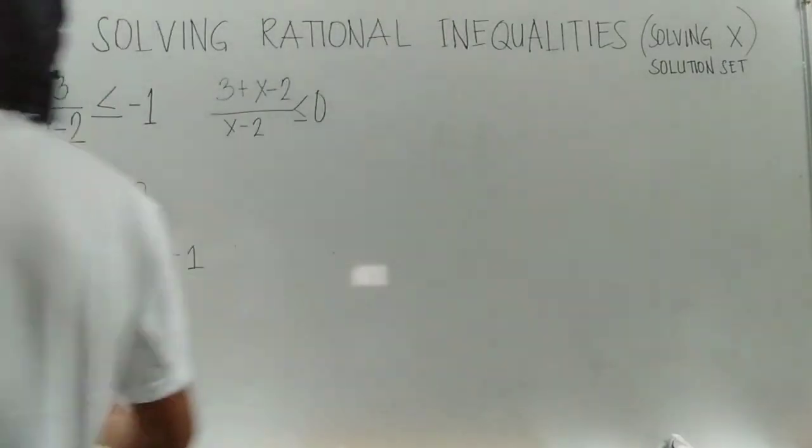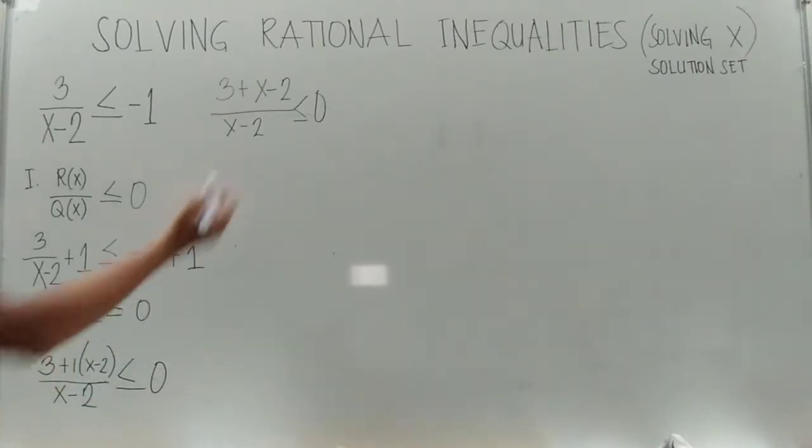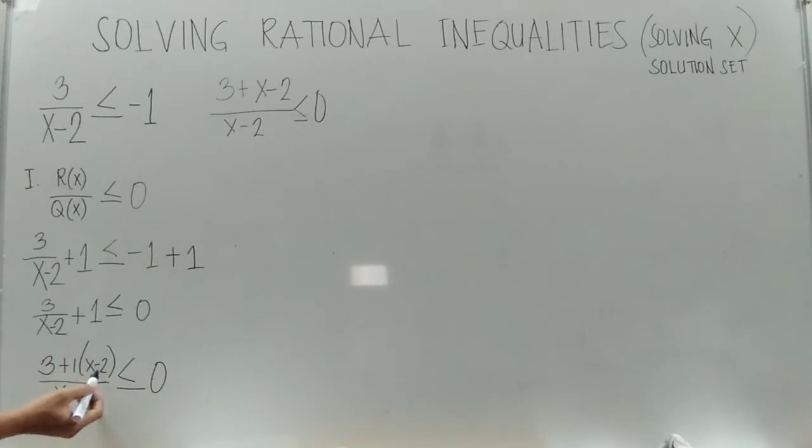If you don't get the identity property of multiplication, just multiply 1 times x. That will give you the product x. 1 times negative 2, you have negative 2. Okay?